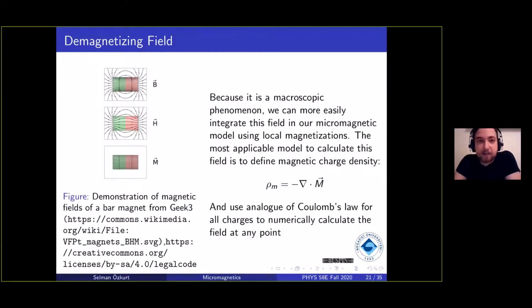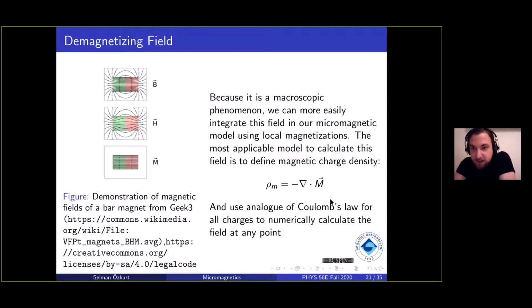And the next effect is the demagnetizing field. This is probably the hardest one to calculate in micromagnetics, because the best way to model a demagnetizing field is to use mathematical magnetic charges, as in the CGS point of view to magnetism. And to do that, we need to calculate the divergence of the magnetization vector.